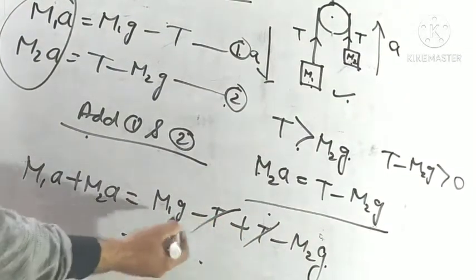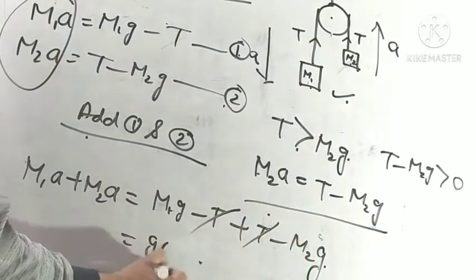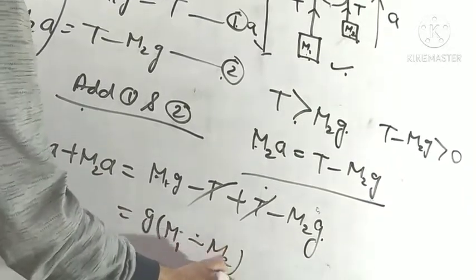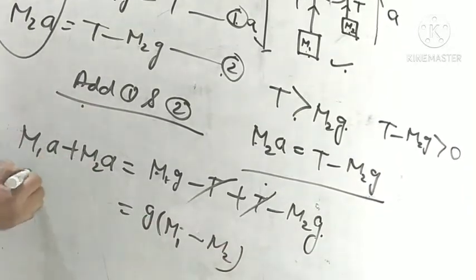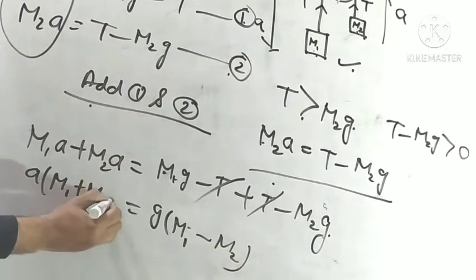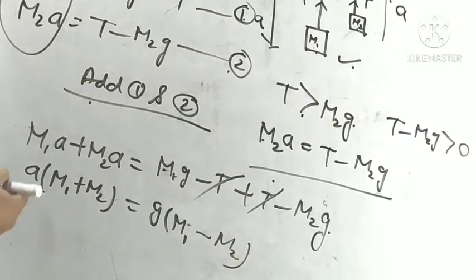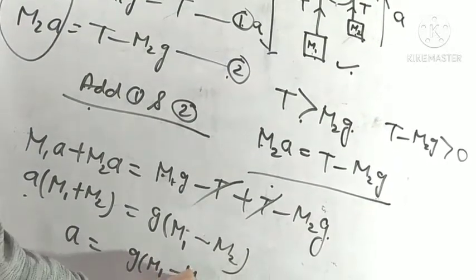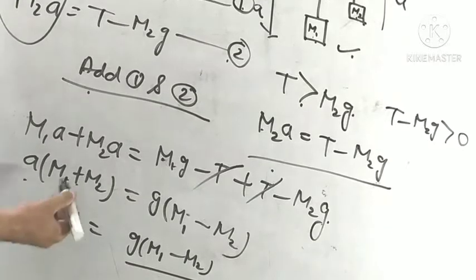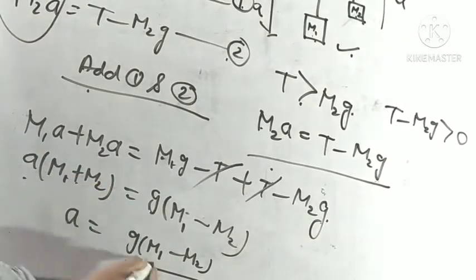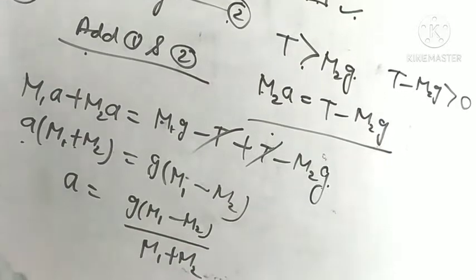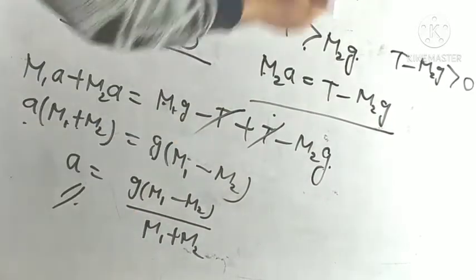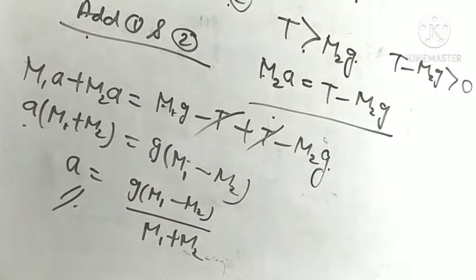We take g common, and what is left inside the bracket is m1 minus m2. On the left we take a common, and m1 and m2 are left inside the bracket. Now to find the acceleration a, the term m1 plus m2 goes to the denominator on the right-hand side. So a equals g times (m1 minus m2) divided by (m1 plus m2). This is the common acceleration here.